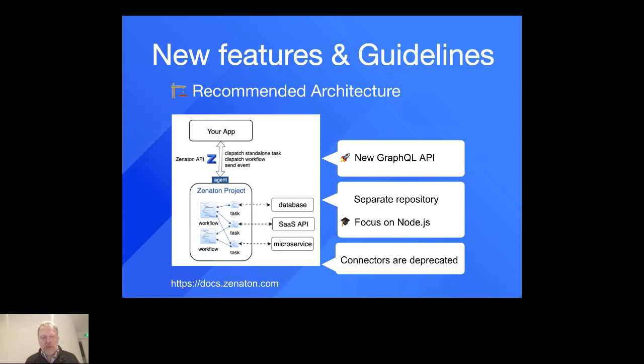Up to now, mostly your tasks and your workflows were located just inside your app. And what we have learned from users is that it actually slowed down a lot your ability to iterate on your workflows and your processes. So our recommendation now is to operate a Zenaton project separately, in a separate repository.